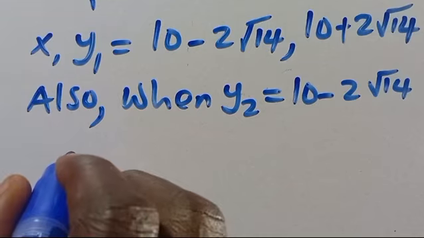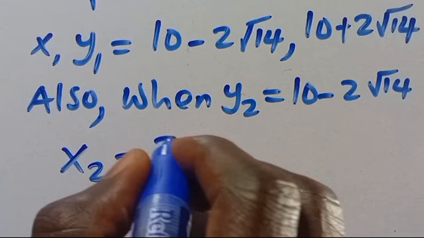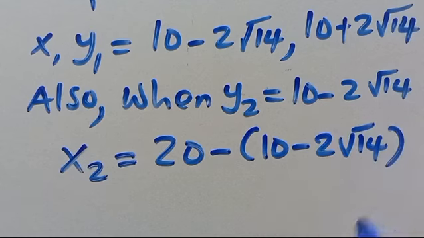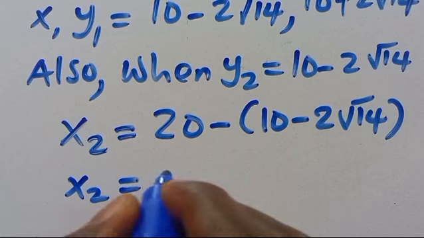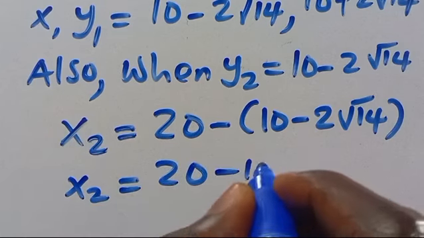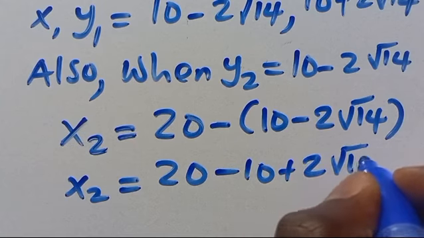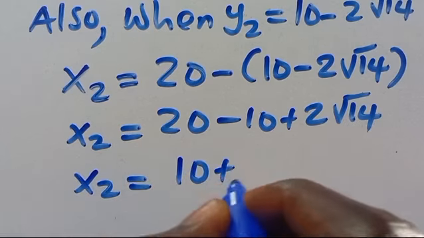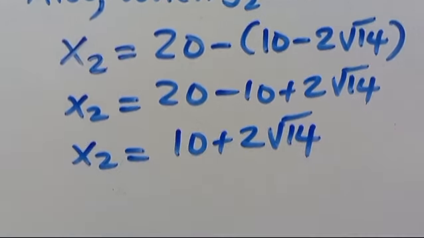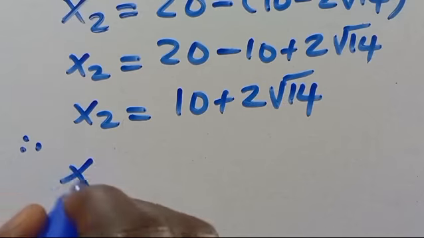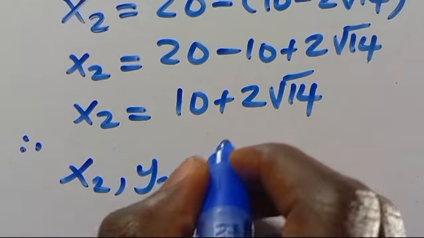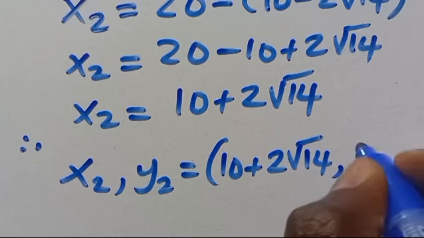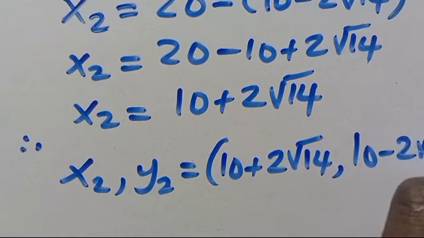So this will be x2 equals 20 minus 10 minus 2 multiplied by root of 14. x2 will be 20 minus 10 plus 2 multiplied by root of 14. x2 is 10 plus 2 multiplied by root of 14. So again we have x2, y2 to be 10 plus 2 multiplied by root of 14, 10 minus 2 multiplied by root of 14.